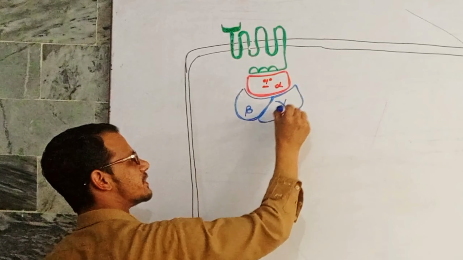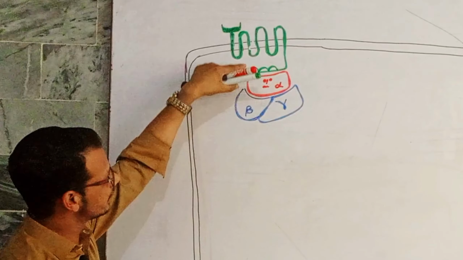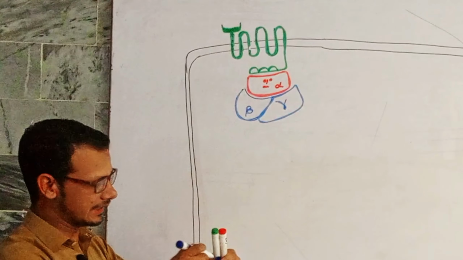This whole structure is called G protein. This is the receptor and they are coupling, so it is called a G protein coupled receptor, right?